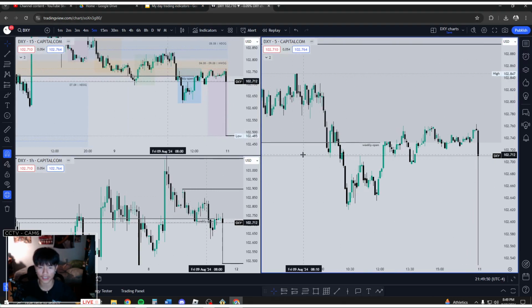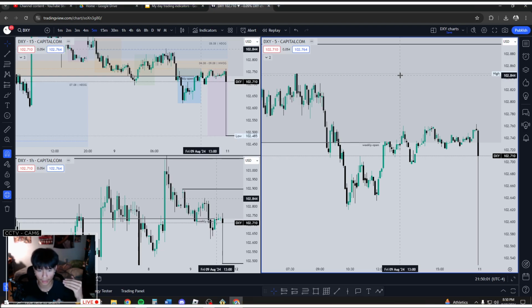It's the Dixie chart. If you don't use the dollar in confluence with your analysis, I suggest you do. It prevents a lot of unnecessary trades, because if you're trading longs on NQ and the dollar is going higher, you're going to be either stopped out, or it's just going to take a long time to hit that TP.